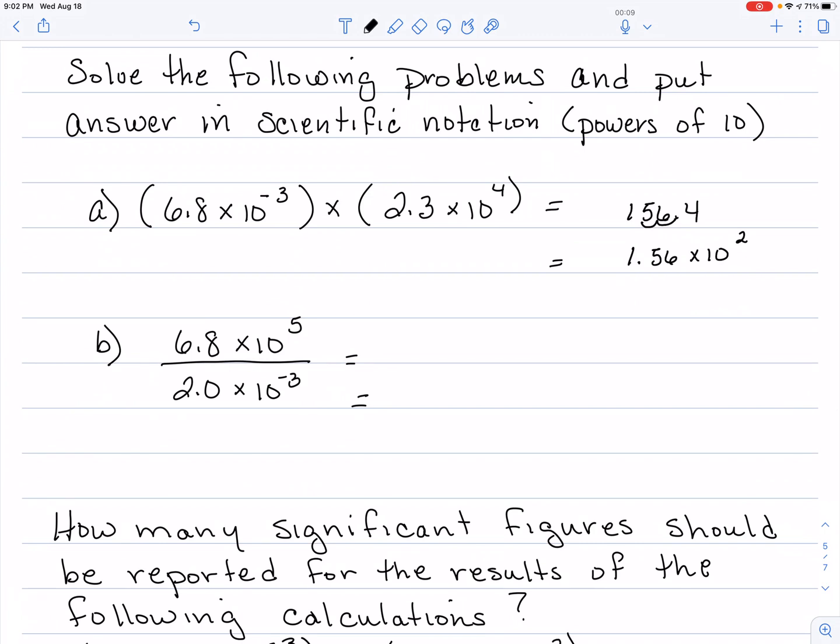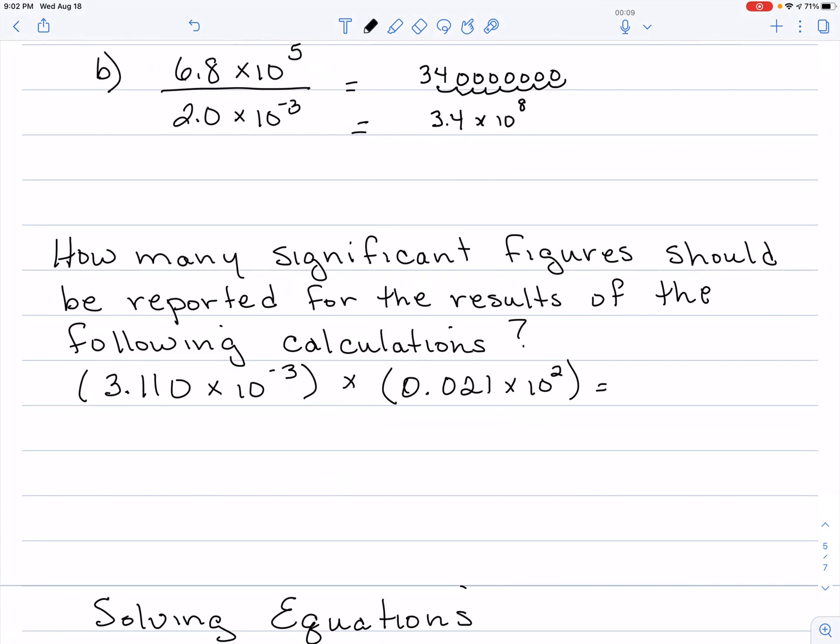On this next one, I'm going to do the division, and I'm going to get my answer at 34, 1, 2, 3, 1, 2, 3, 4, and you're asked to put that in scientific notation, so that's going to be 3.4, and I'm going to count 1, 2, 3, 4, 5, 6, 7, 8, times 10 to the 8th.